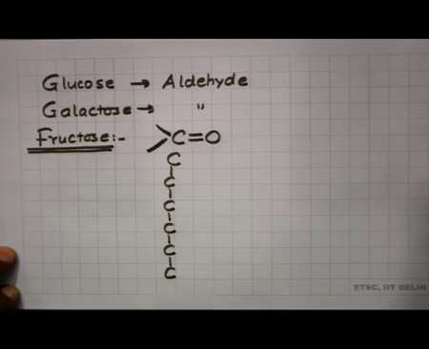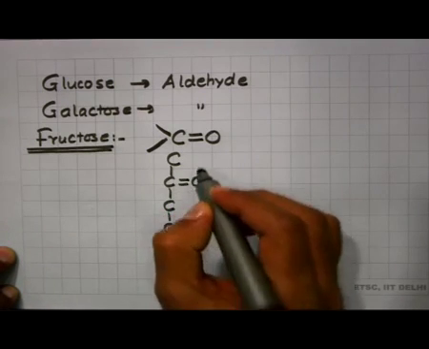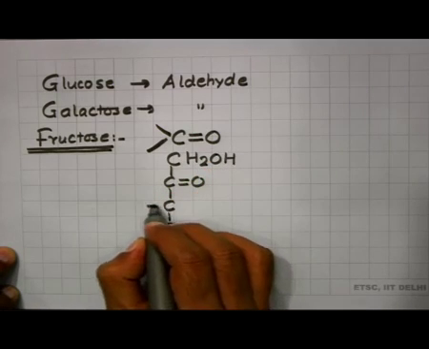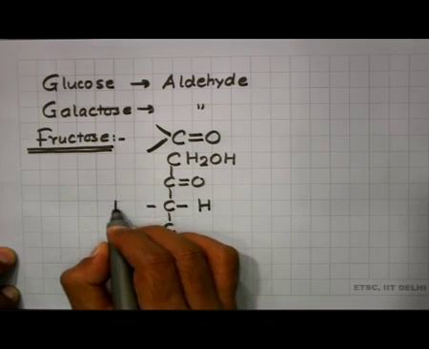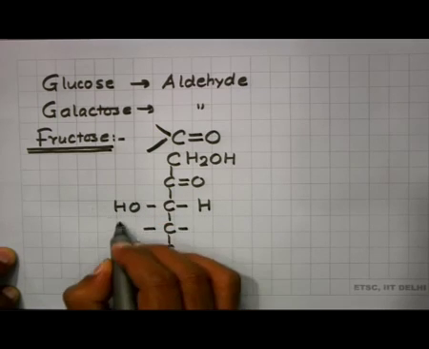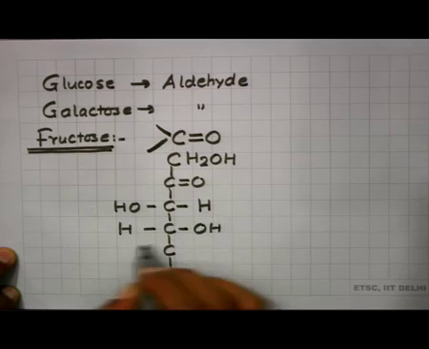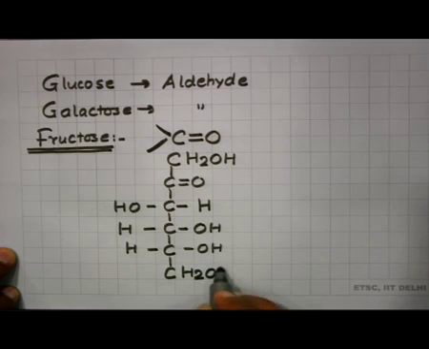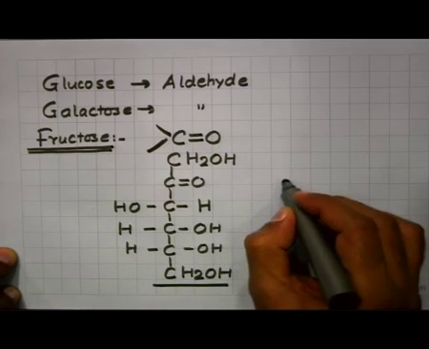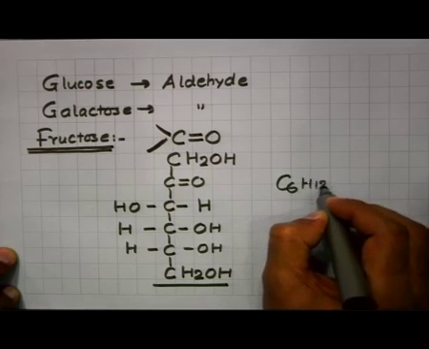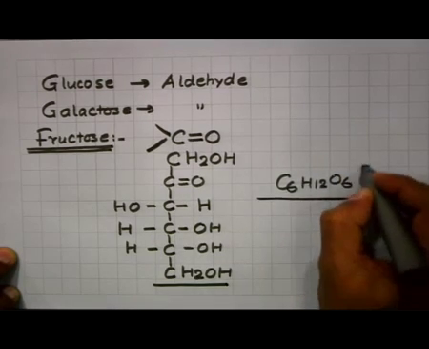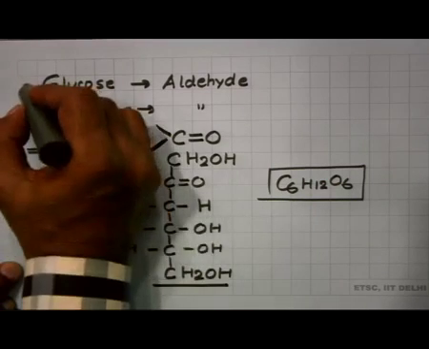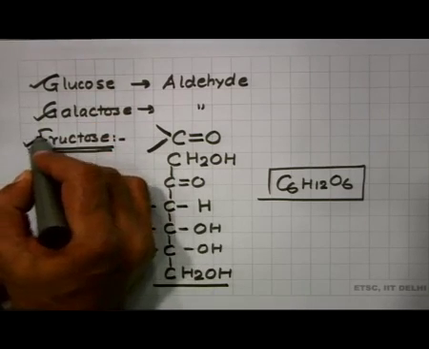At the second carbon atom there will be the ketone. Here the first one has CH2OH, the third one has HOH this side, here HOH, HOH, this is CH2OH. So, its formula will be C6H12O6. So, these are the three hexoses: glucose, galactose and fructose.